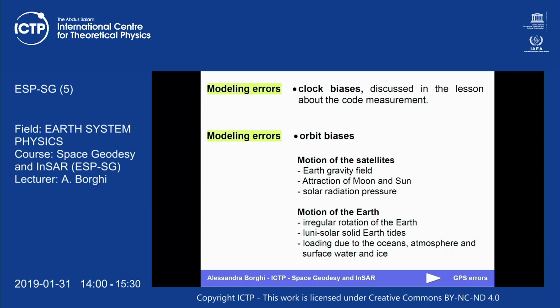And we also have to take into account, besides the motion of the satellite, the motion of the Earth, which could be an irregular rotation of the Earth. We have to take into account solid Earth tides, and loading due to ocean, atmosphere, and so on. So it's difficult to predict the real position of the satellite for this reason.